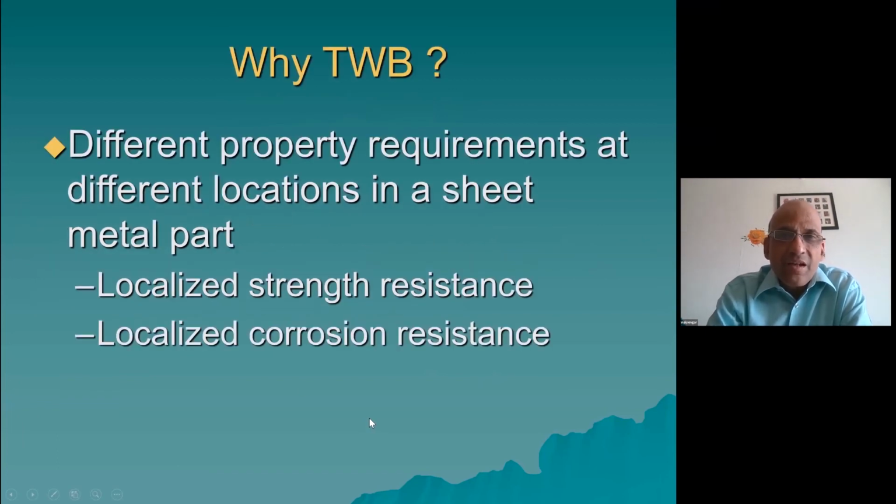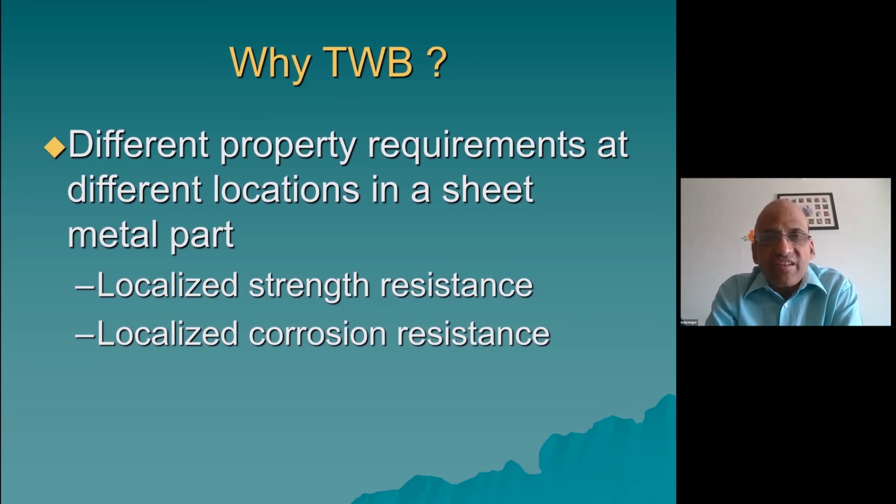Okay. So essentially, we can use a TWB whenever we find there is a different property requirement in different locations of a single sheet metal component. Let's say you have one sheet metal component, and in some regions you need a different property, and in another region you need a different property. For example, in certain regions you may need a higher strength requirement or a higher load bearing capacity, and in some other regions you don't need that, right?